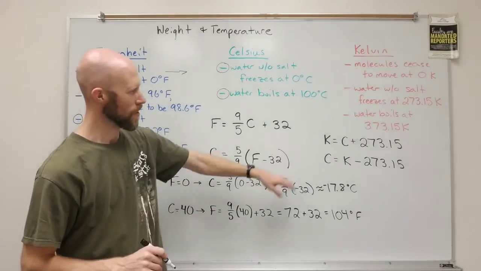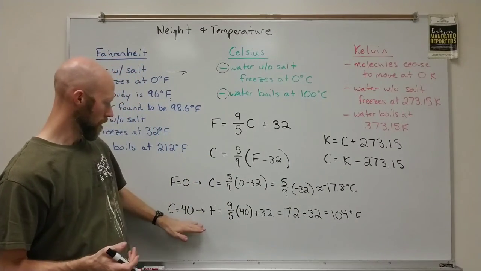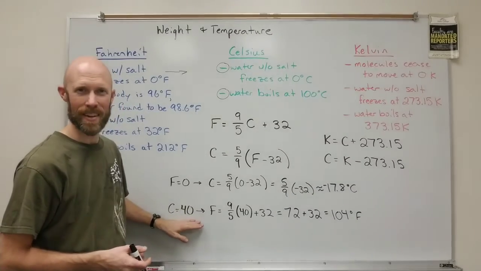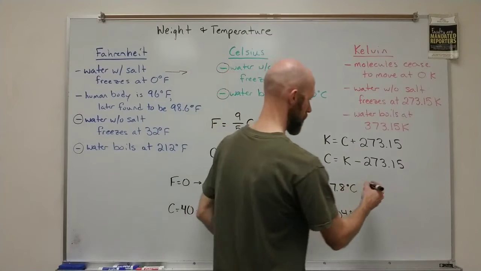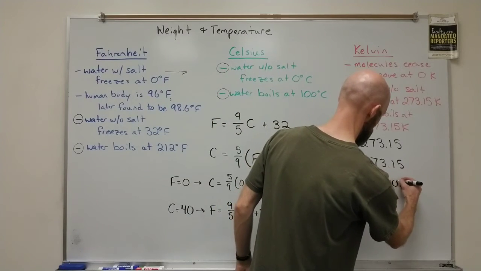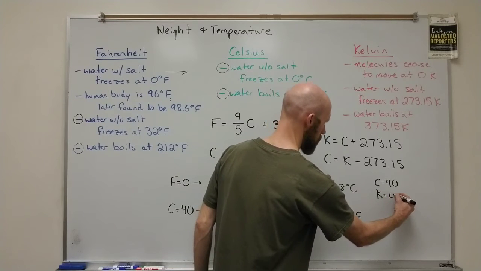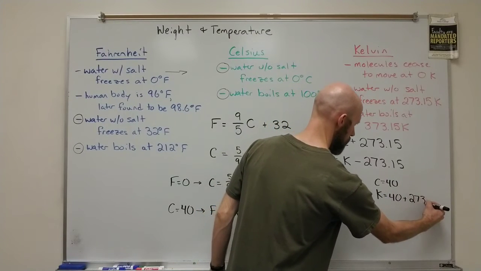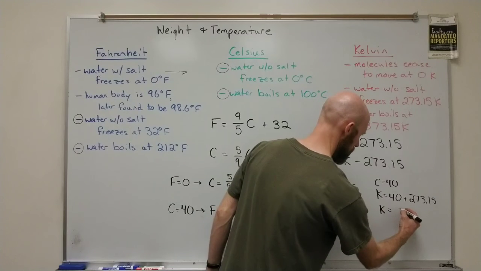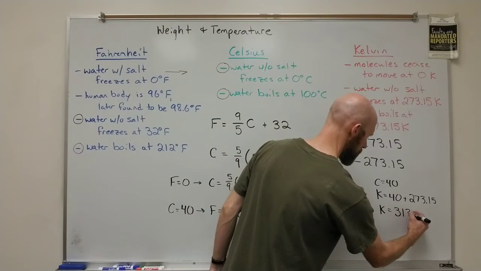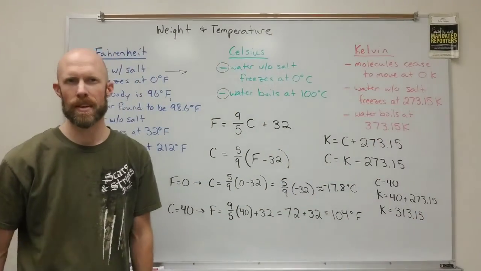This works here. So if you wanted to find out, for instance, what that 40 Celsius is in Kelvin, if you want C to be 40, then the Kelvin temperature that corresponds to that is just 40 plus 273.15, which is simply, what's that? 313.15, right? 40 degrees more than 273.15.